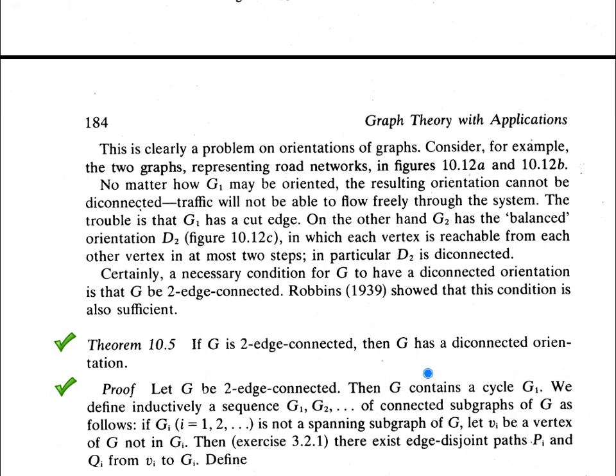And what about the arcs we have not touched? Orient them as you like. Okay? Is that clear? So, out of a 2-edge connected graph, you always can find an orientation making it diconnected. Okay?